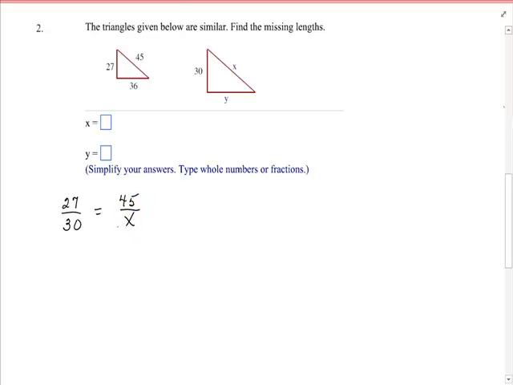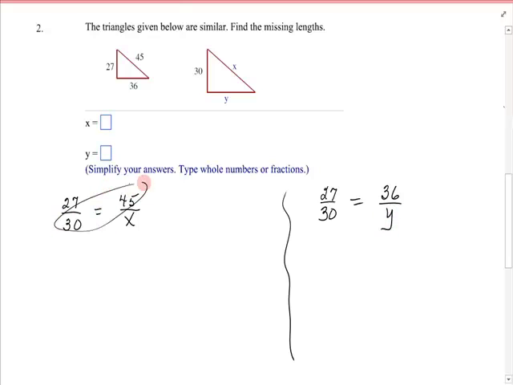And I'm going to solve that proportion. In a few minutes, I will come back and say, again, 27 is to 30 as, if I want to solve for y, I will say 36 is to y. So there are the two parts of my problem.